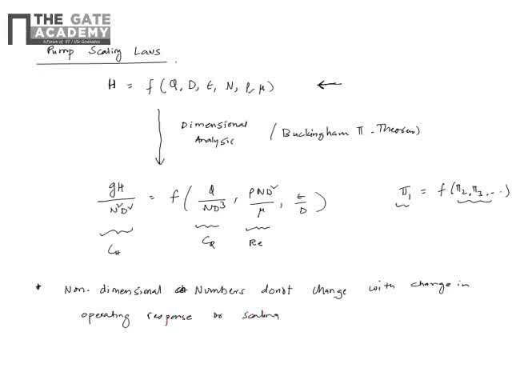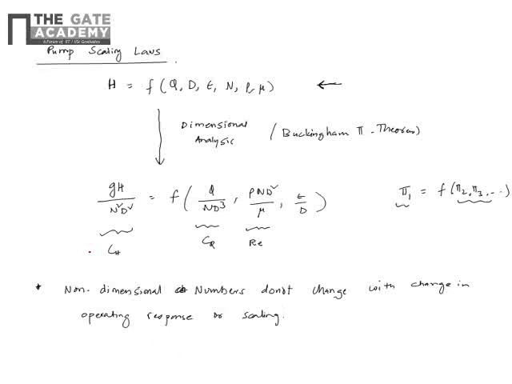For example, when you design an aeroplane from concept design, you develop a prototype and measure the performance, and then you relate this prototype performance to your actual model performance by scaling laws, and these non-dimensional numbers don't change during scaling. That's why we do this dimensional analysis.